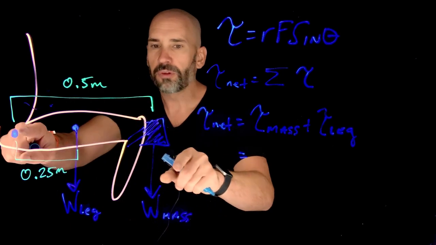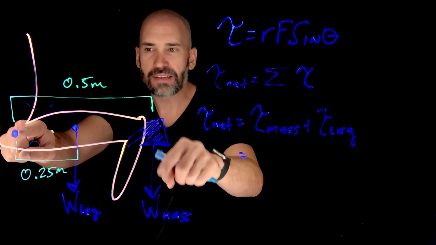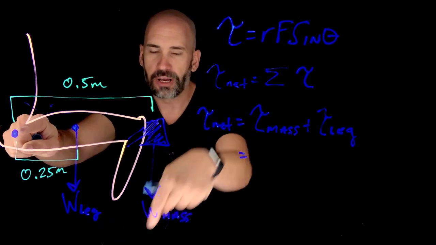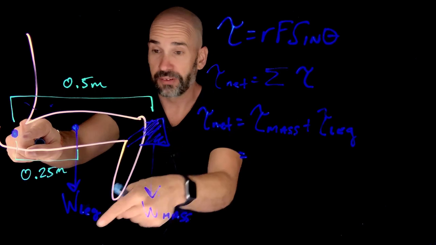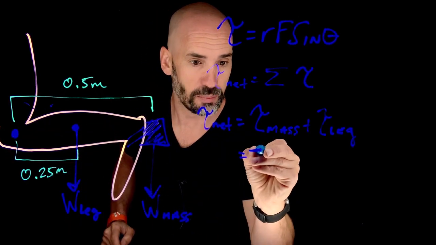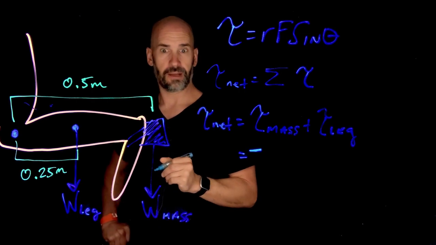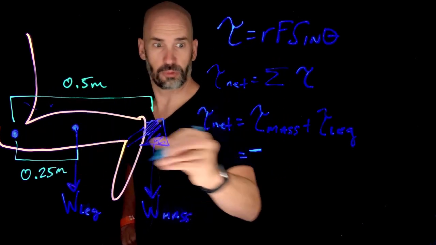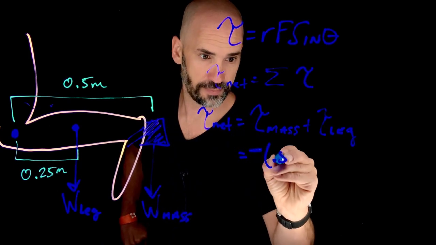We look at which direction this mass wants this leg to rotate. It wants it to rotate this way, which is clockwise. That means it's going to be negative, so we can put a negative sign in front. How far away is it? It's 0.5 away from the axis of rotation, so I can put a 0.5 there.